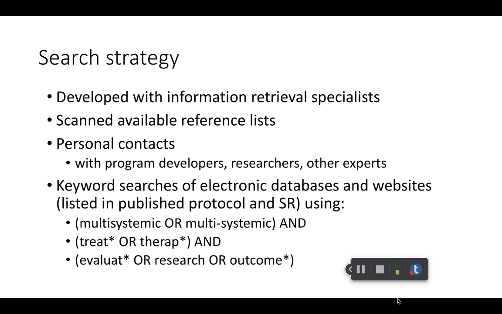And we conducted keyword searches of electronic databases and websites. A full list of the sources that we used is included in our published protocol and in the systematic review. We used strings that were actually much more complicated than the search string shown here, but they included these key terms for the most part.